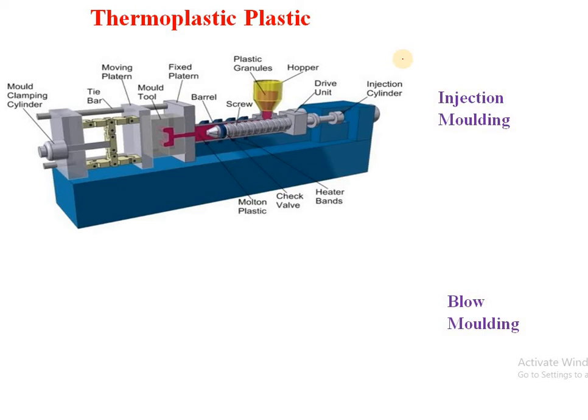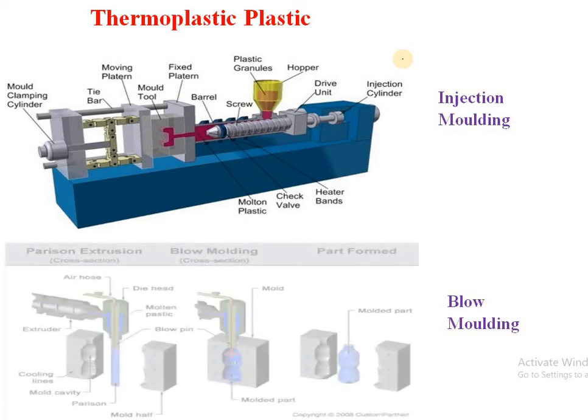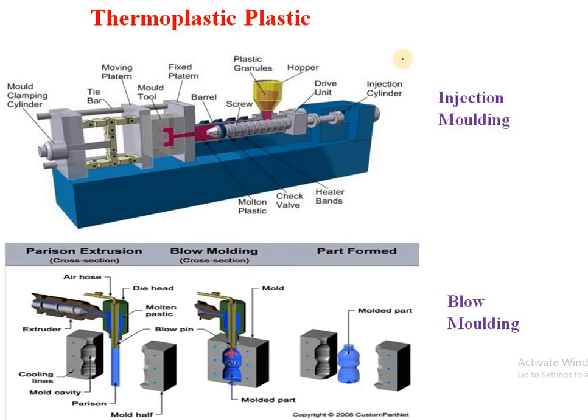Next is blow molding. Basically the hollow parts, or parts which are closed at one end and open at the other end, are manufactured by this process by blowing air into it. Bottles are the best example.